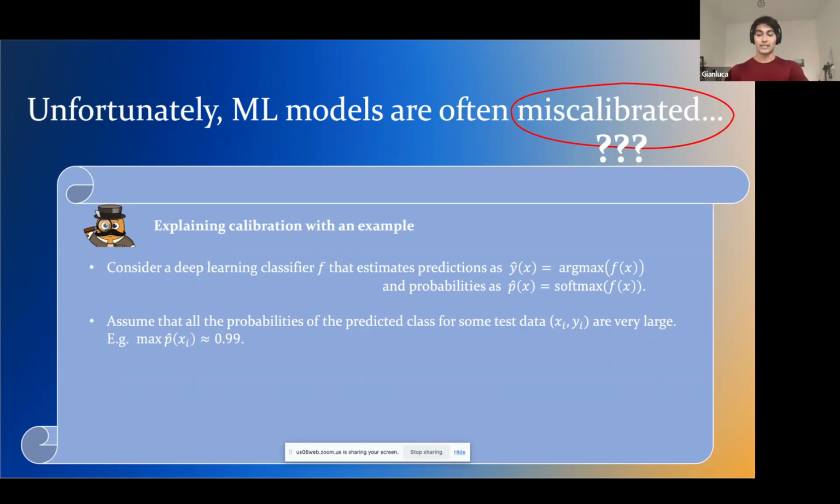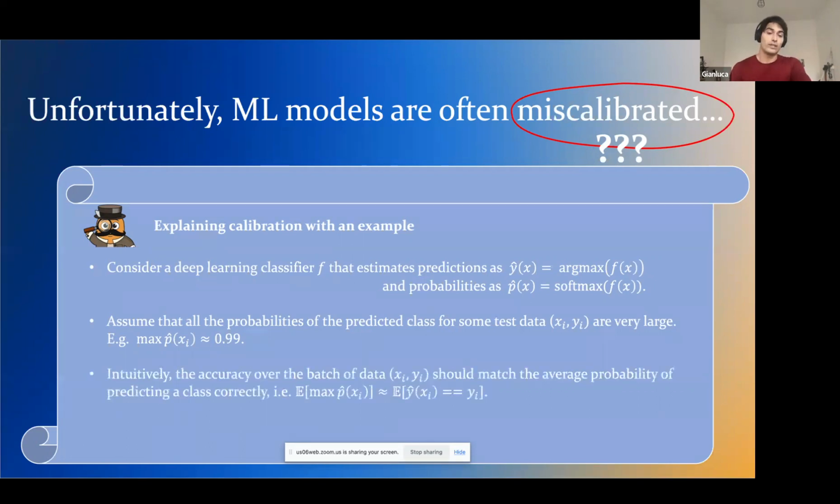Yeah, you might think that this is a little unrealistic. How come the model is so confident about every input it has seen and it hasn't seen as well? So intuitively, you might imagine that the probability that you have just estimated, this max of p, should correspond to some degree to the frequency that you classify correctly, right?